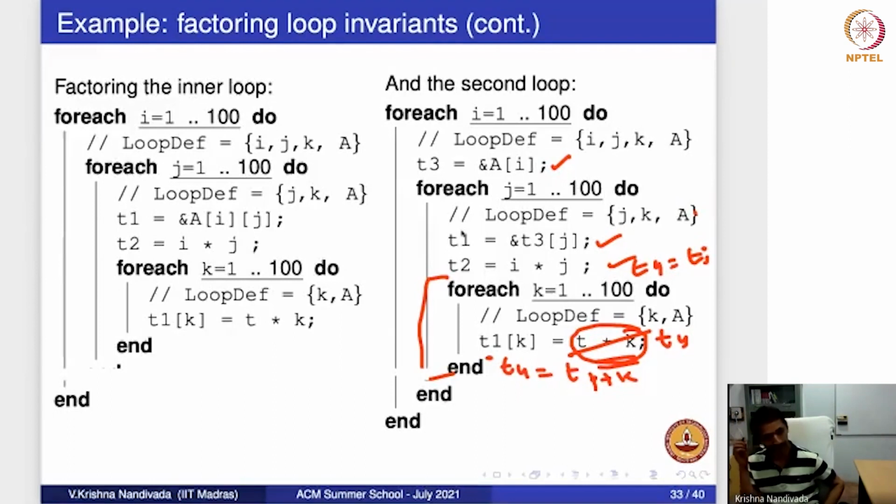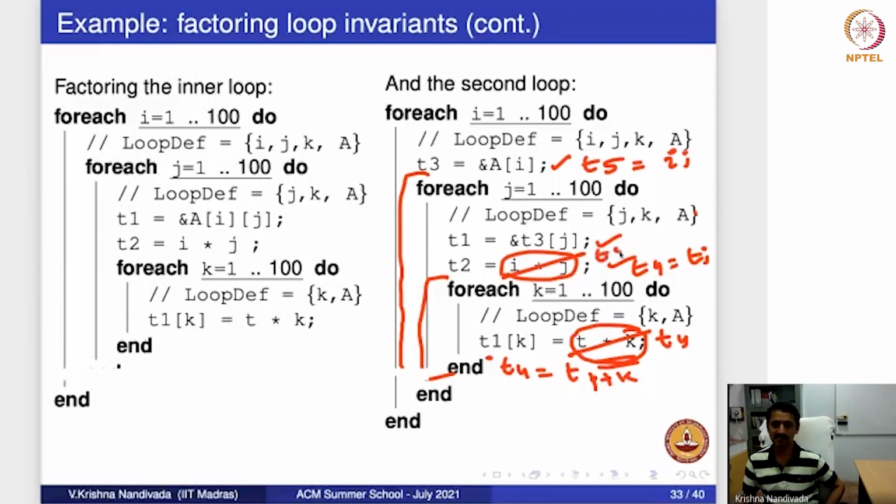Similarly, do you see any other thing I can do in this loop? The I is constant. The I times j. Even this can go out. I can make here T5 equal to I. Replace this with T5.